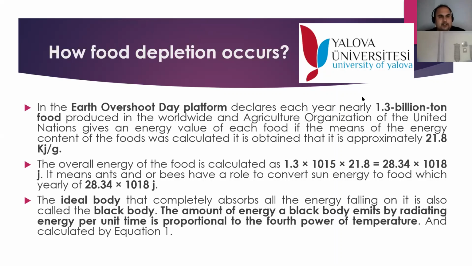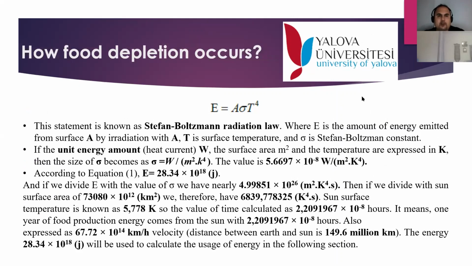So we can say it is a black body, and the amount of energy a black body emits we can calculate by equation one, called the Stefan-Boltzmann radiation law. You can see it on the screen.